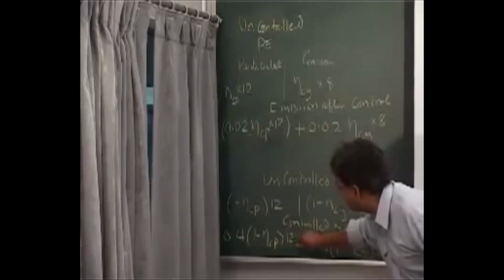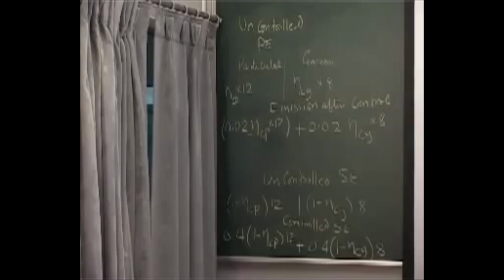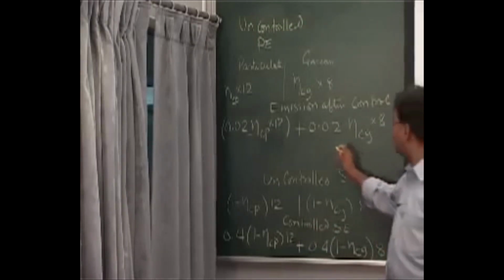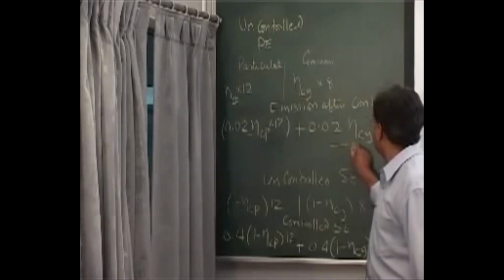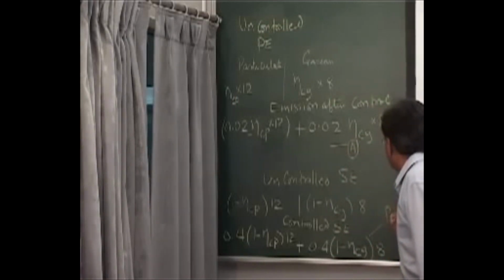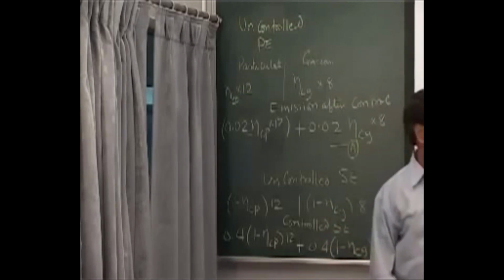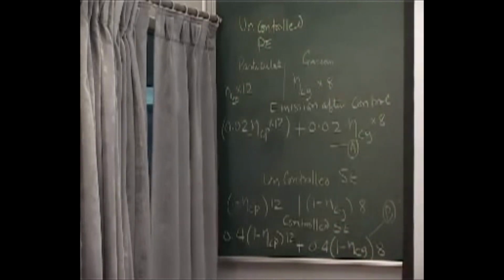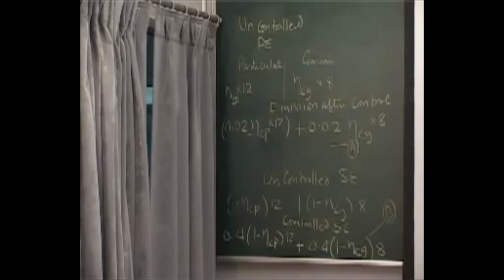Particulate plus gaseous. And now suppose I am calling this A and this B, with the definition of the problem, A plus B should be equal to or less than 1, right?